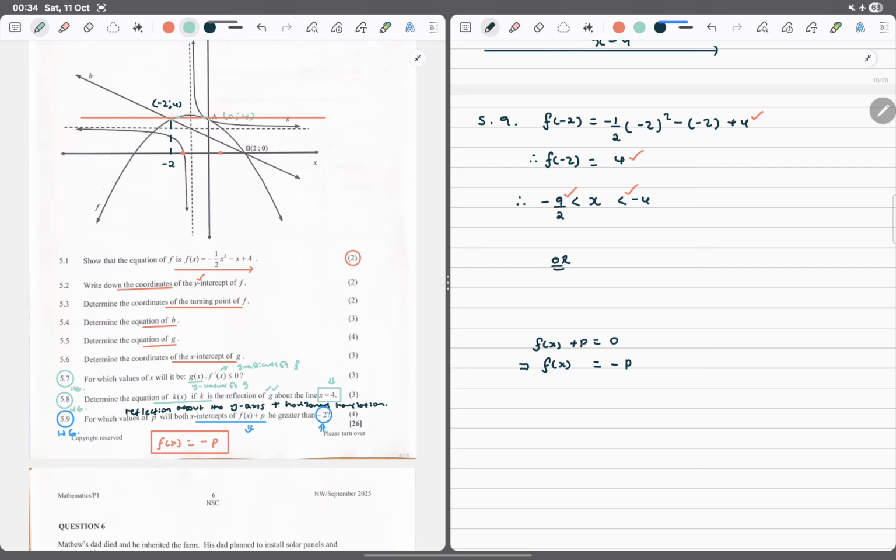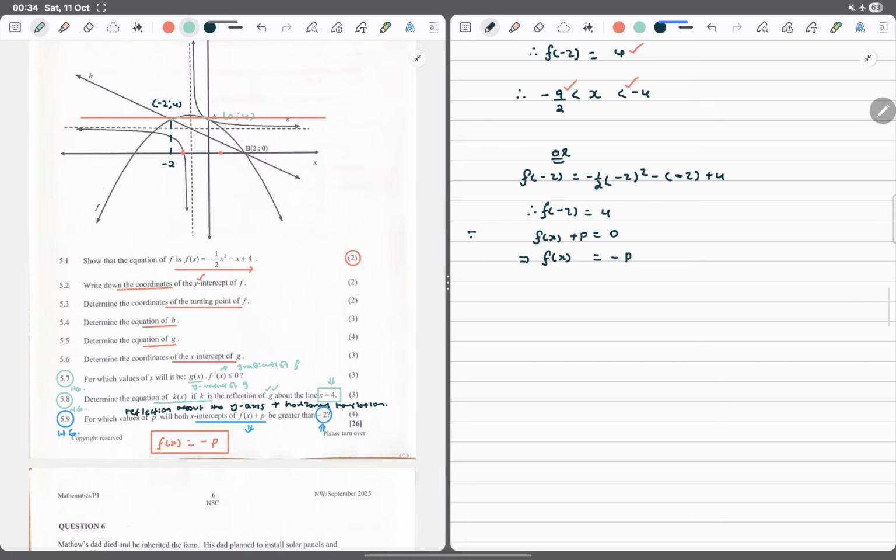But even before this situation, one can still explore what is going to be f of -2, because we really need that y value there. So this is -2 squared minus into -2 plus 4. We can say therefore f of -2 came out to be 4. We can say then we have this situation which implies that situation. So what does it mean?